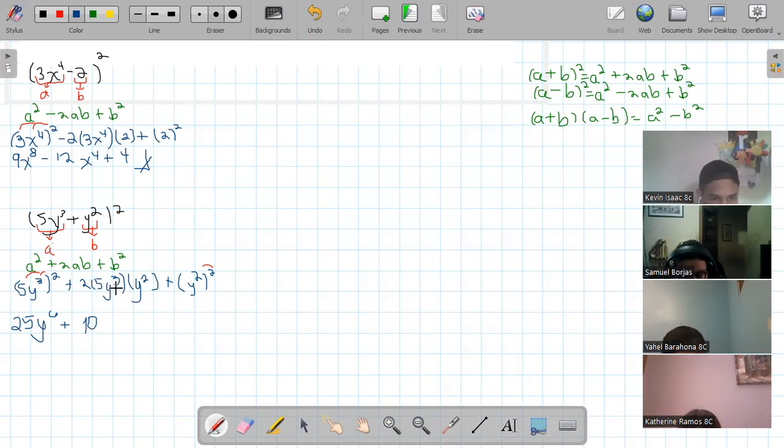But I got a y cubed times a y squared. What should I do in that case? They are the same variable, and they are multiplying. I add the exponents. So this is going to be y to what power? To the 5th power, plus y squared to the square.